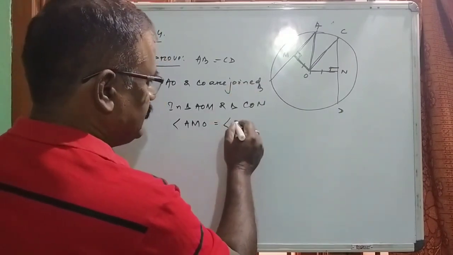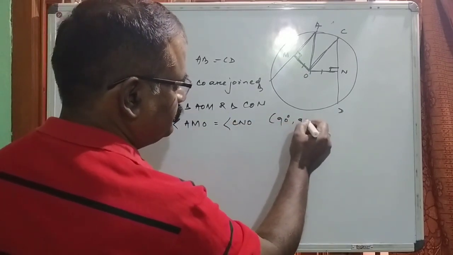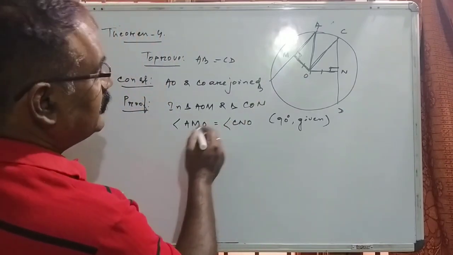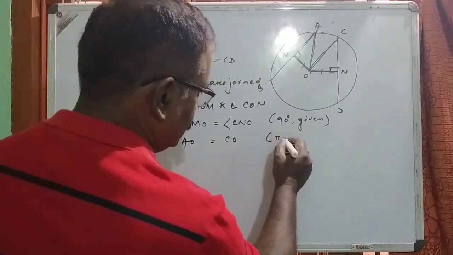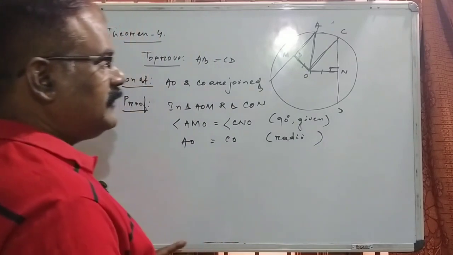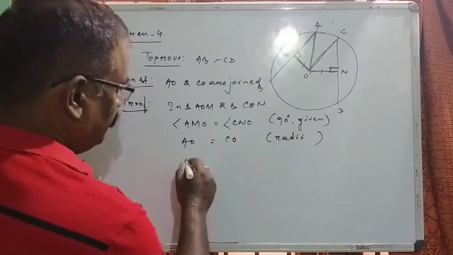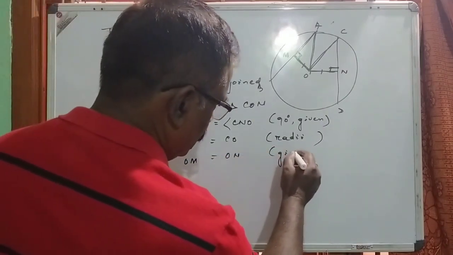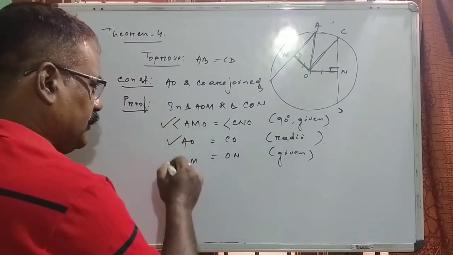Angle AMO is equal to angle CNO, that is 90 degrees given, and similarly AO is equal to CO, that is the radius of the circle, and at the same time they are also considered to be the hypotenuse, and OM is equal to ON, it is given. So now here we have arranged right angle, hypotenuse and side.